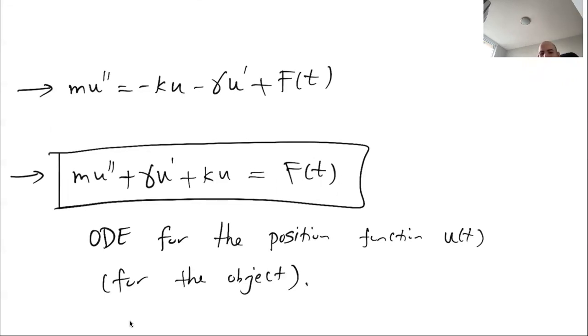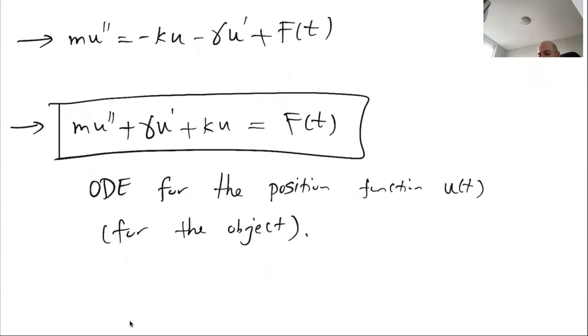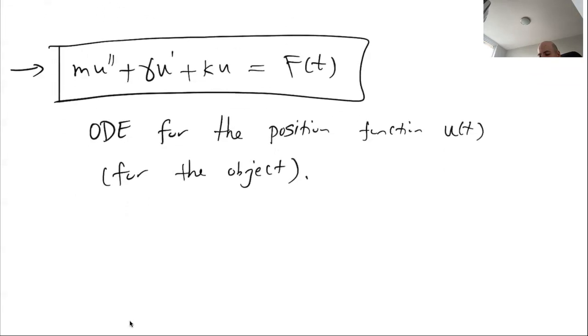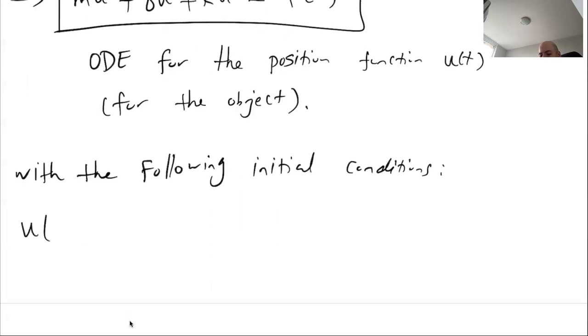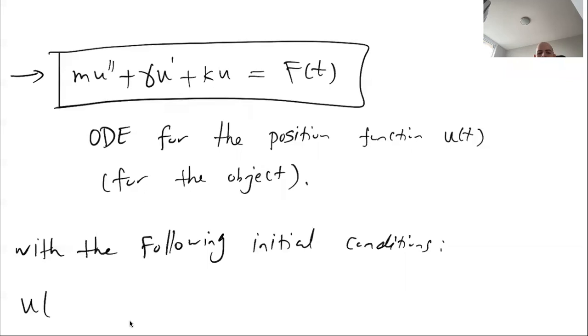Now, what initial conditions should I assume? So this is a second order ODE. So we need two initial conditions in order to find a unique solution for this equation.